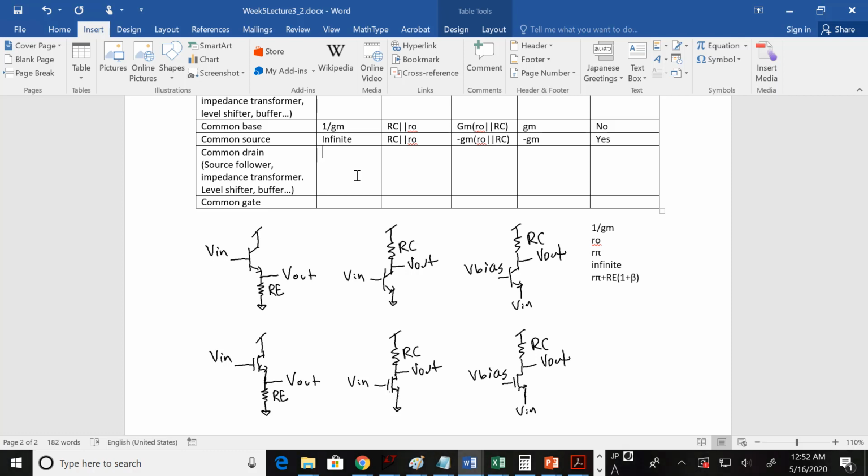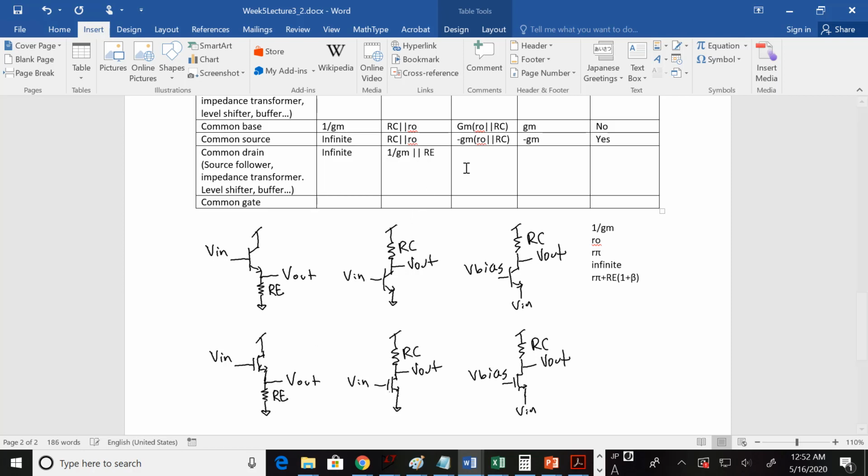Okay. Common drain, that's this amplifier right here. Your R in is infinite. Your R out: looking up, you hit the source, which is 1 over GM, and looking down, you hit RE.